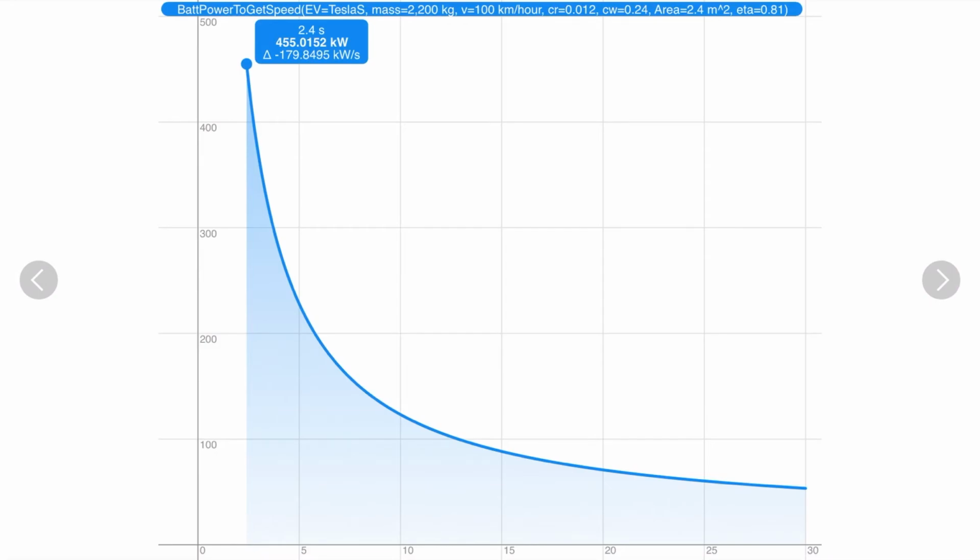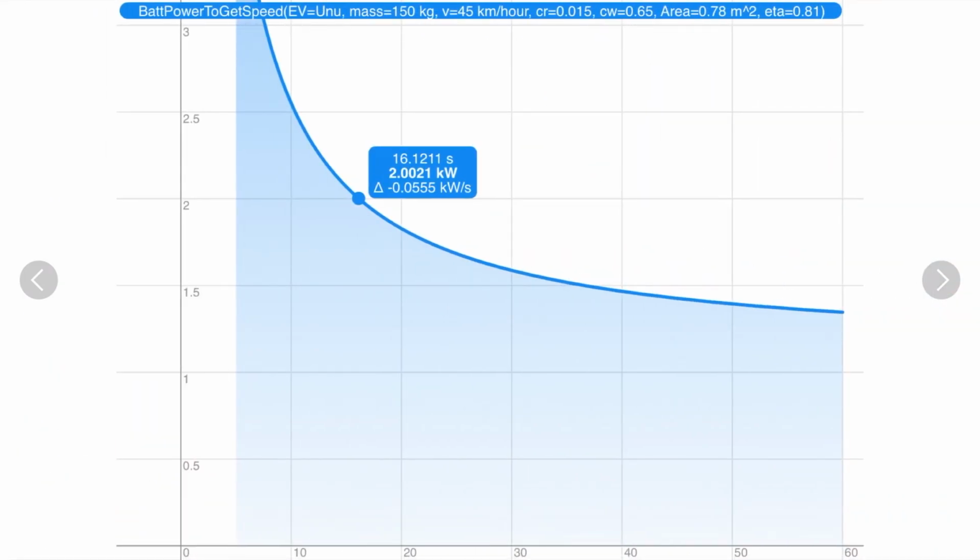You can see in this curve that if you want to reach 2.4 seconds, you need a power of approximately 450 kilowatts. This kind of power is needed, and this is also exactly what has been available. I think it was 440 or 450, something like that. So this fits very, very well.